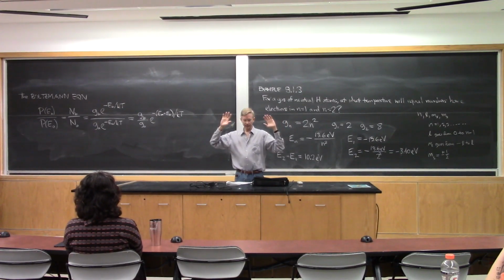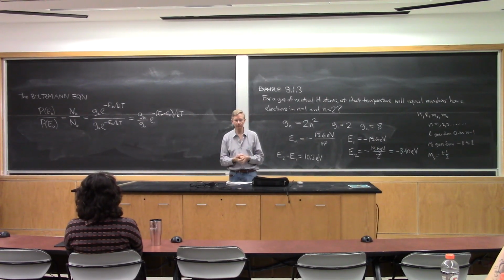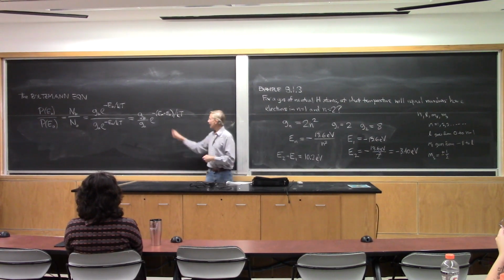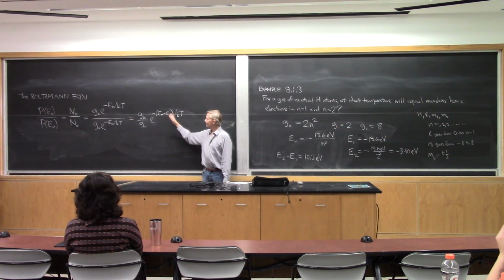But at any given temperature, what this is saying is what fraction will be at that higher energy level because of all these interactions, these thermal interactions. And as the temperature increases, this negative exponent gets smaller in magnitude, which means this ratio gets bigger.